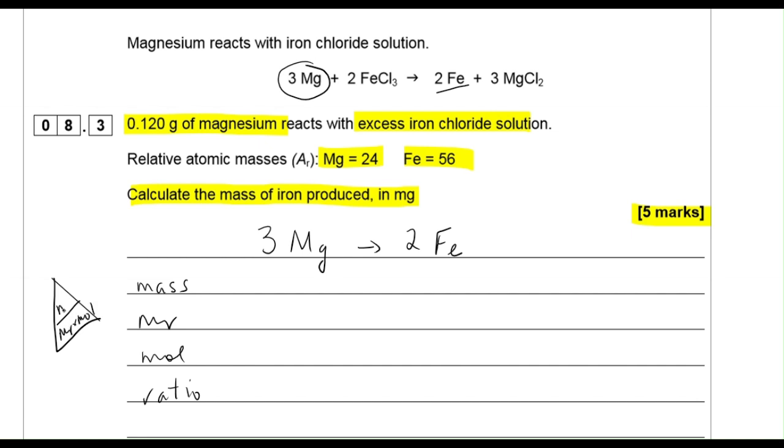So we've put 0.120 grams, that's how much magnesium we've got. The Mr is 24. So using the formula triangle, the number of moles is the mass divided by the Mr. And that's why we put them in that order. If you follow that through, you get as your answer for the number of moles 0.005. Then we have to look at the ratio. From the equation, the ratio is a 3:2 ratio.